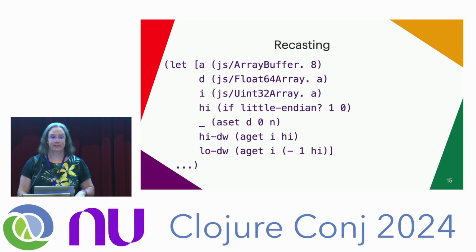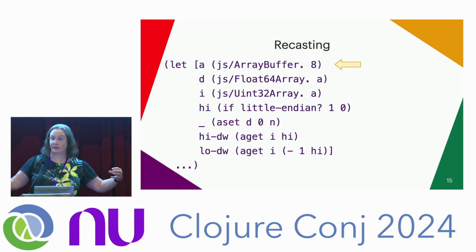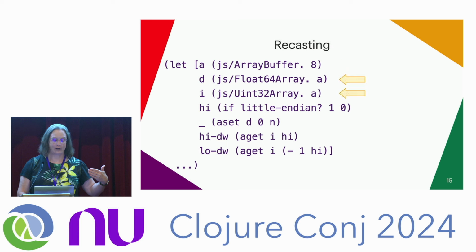To do that in JavaScript, I'll talk about this in a minute, but it was very difficult to do until we started getting array buffers. So using this interface, what we can do is allocate an array, in this case 8 bytes to hold the double, and then we can put a facade over that buffer that looks like an array of 64-bit floats and another array of 32-bit ints.